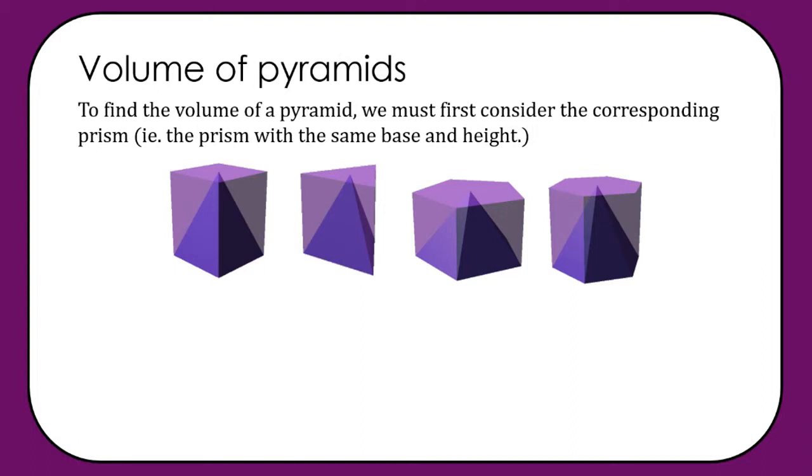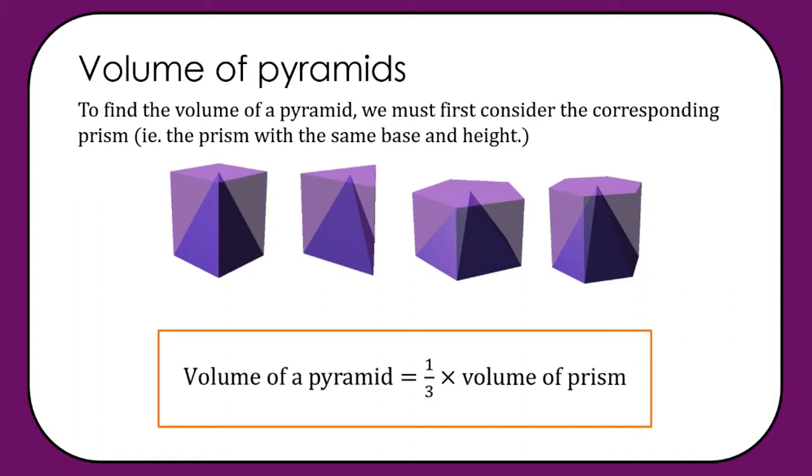So for example, taking a square-based prism and the same base and height pyramid, and looking at how many times, if you fill up the pyramid with water, you need to be able to fill up the total prism. And it turns out that you need 3, which means that the pyramid is 1/3 of the volume of the prism.